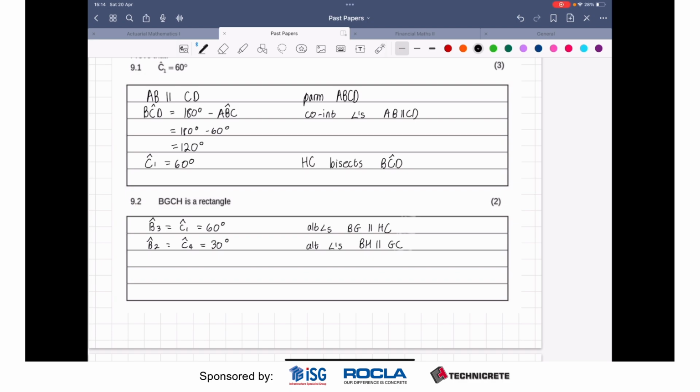Okay, and then I can say that B2 plus B3 is 90 degrees and C1 plus C4 is 90 degrees.